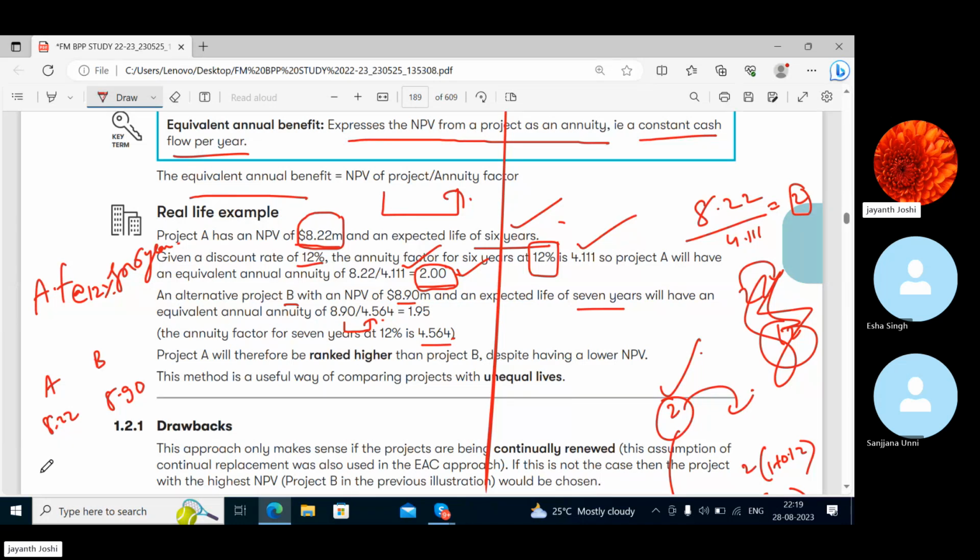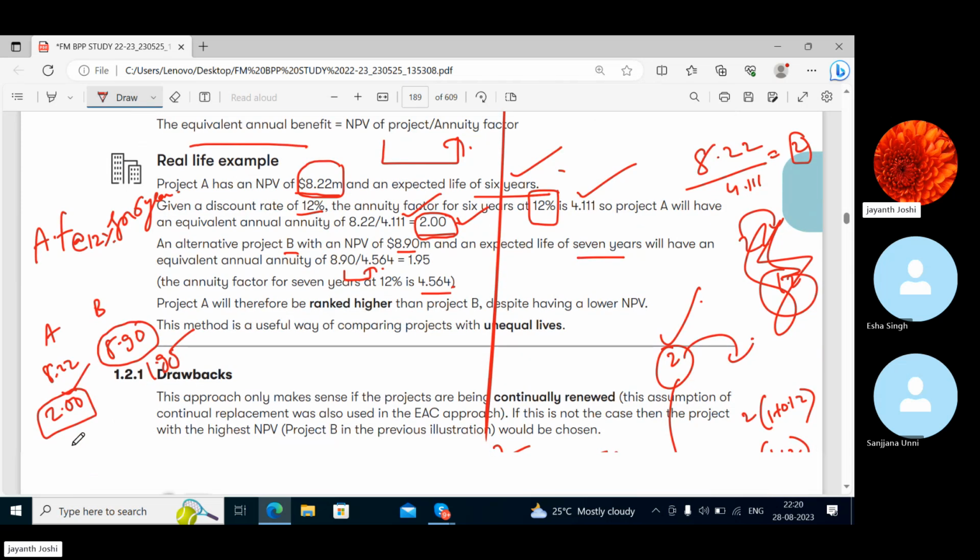A's equivalent annual benefit is 2. B's equivalent annual benefit is 1.95. Despite B having higher NPV, A will be ranked higher. Why? Because it is giving more cash flow per year. And this method is very important for comparing projects with unequal lives. That means we took this for 6 years, this for 7 years.